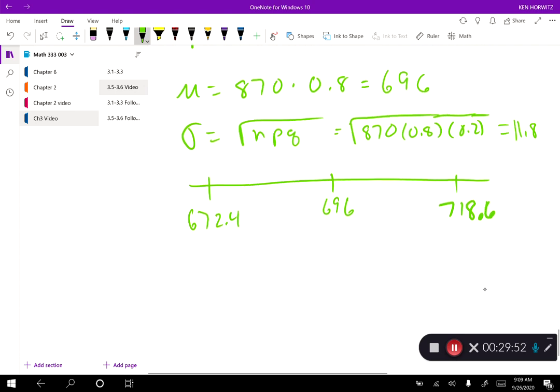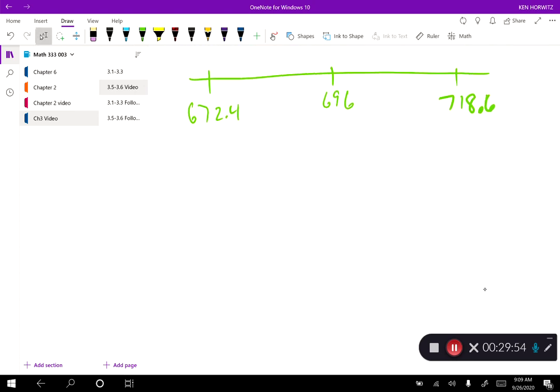So what does that mean for us? It means that that's the range of Mexican Americans that should be chosen over the 870 people.